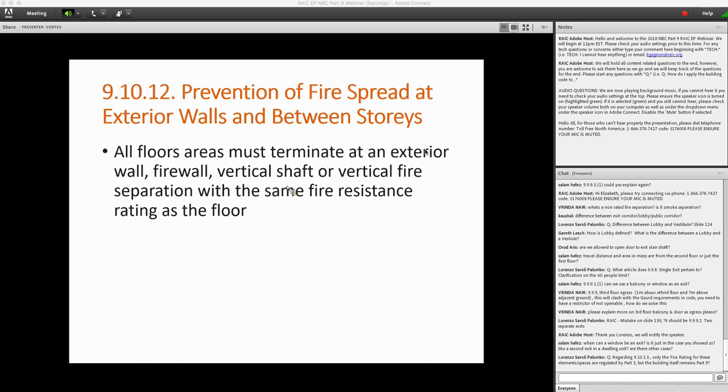For instance, if you have a 2-story or a 3-story building and the construction requirement is such that the floor assemblies are required to be constructed as fire separations, in order to maintain the compartmentation of each story, the floor areas would have to terminate at an exterior wall, a firewall, a vertical shaft, or a vertical fire separation that has the same fire resistance rating as the floor assembly.